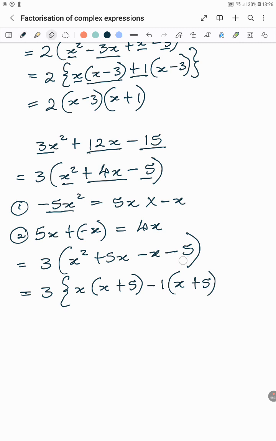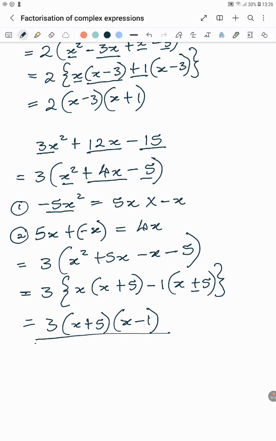That's how you get this positive symbol inside the bracket. So here you're going to have 3 times x plus 5 times x minus 1. Once you get here, you will be done factorizing.